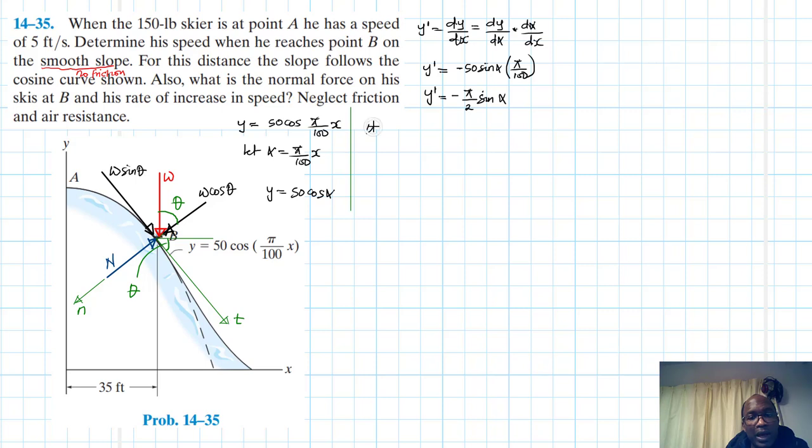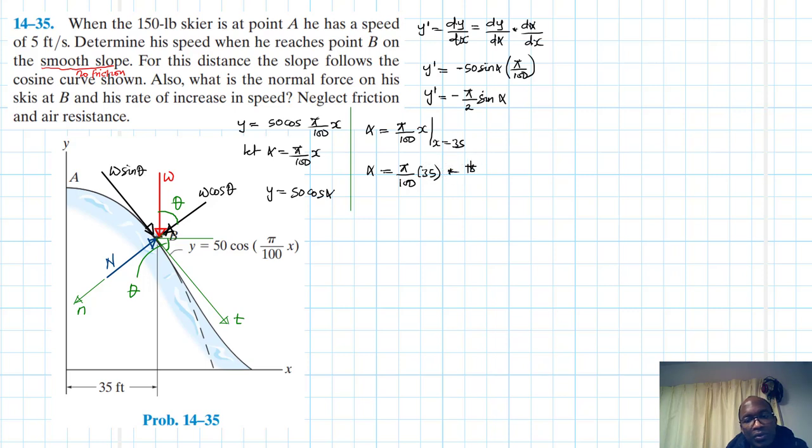So alpha is equal to pi divided by 100 times x, and our x here is equal to 35 feet.